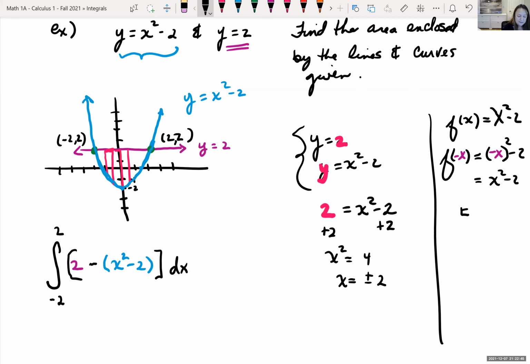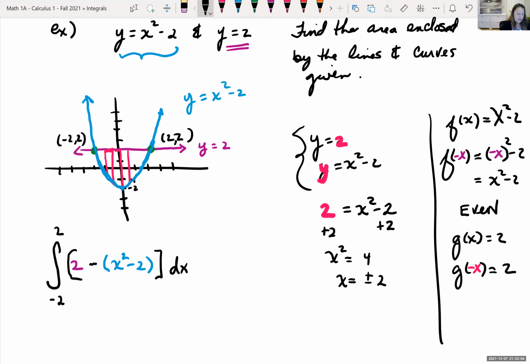So this is even. And I also know that if I had g of x equals 2, this is also even. If I plug in negative x wherever I see an x, well, there's no x in there. I get back my original function of 2.